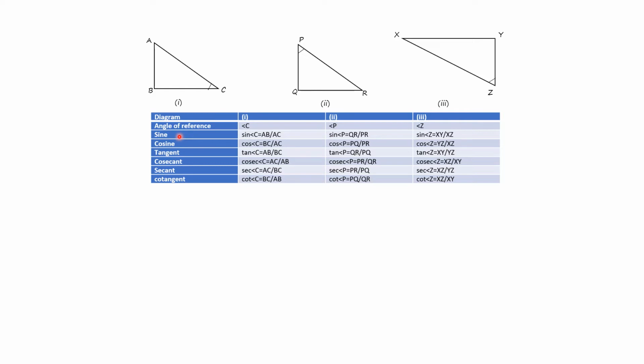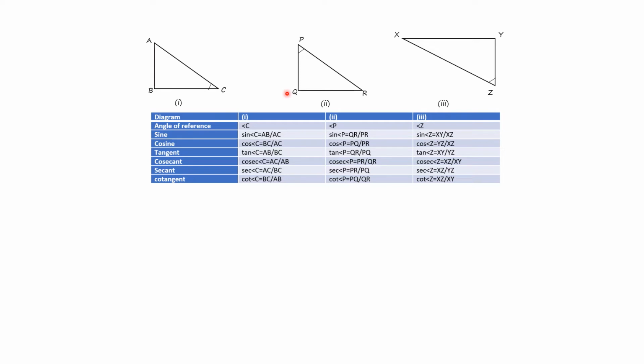Cosine of angle C or cos C is base by hypotenuse, that is BC by AC. Tangent of angle C is perpendicular by base, that is AB by BC. Cosecant of angle C is hypotenuse by perpendicular, that is AC by AB. Secant of angle C is hypotenuse by base, that is AC by BC, and cotangent of angle C or cot C is base by perpendicular, that is BC by AB.